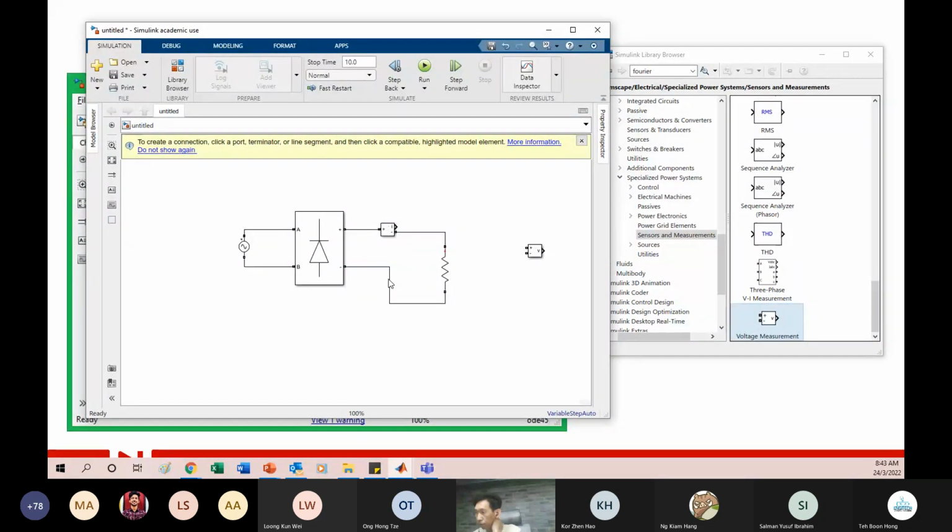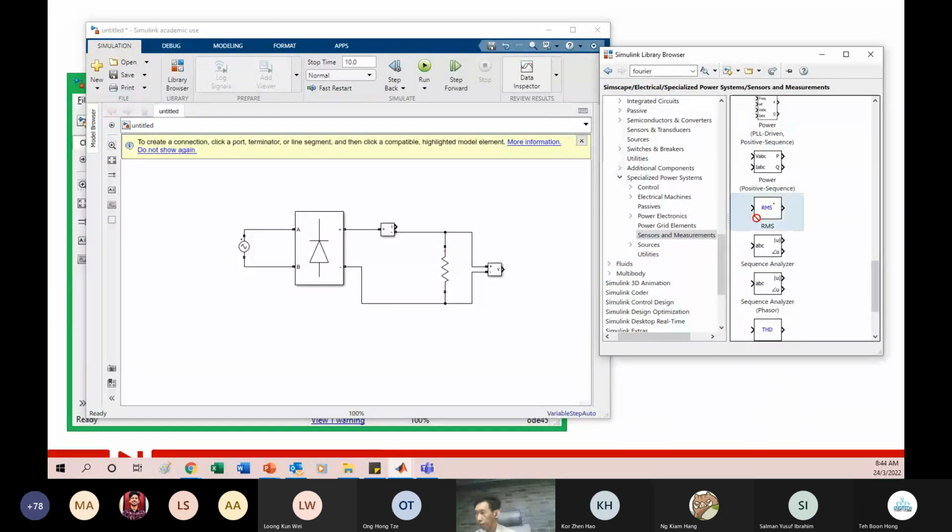Okay, we have to measure current and voltage. And now we need to measure both the AC and DC, right? So RMS.